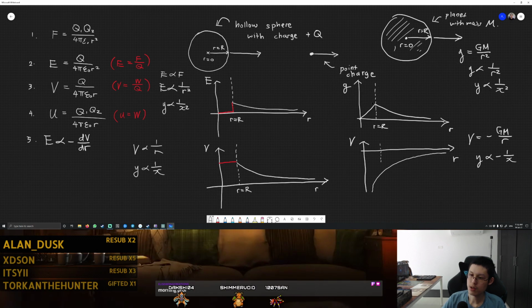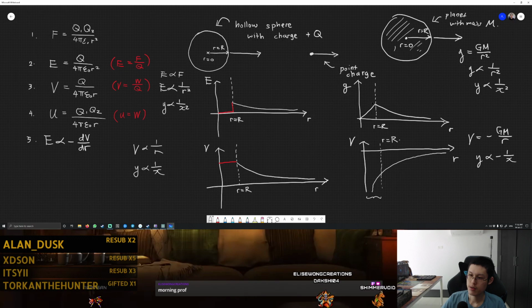Right, and then if this is R equals R, what happens here? I think from here it's actually a cubic graph. So from here to here is, if I'm not mistaken, some kind of negative cubic or something. I can't quite remember. But the shape is very similar to 1 over x, so it still looks something like this.